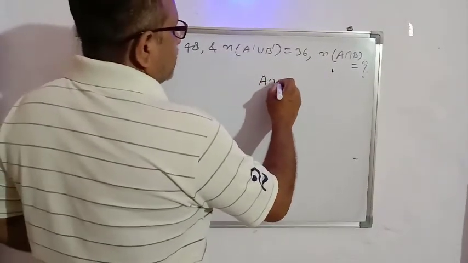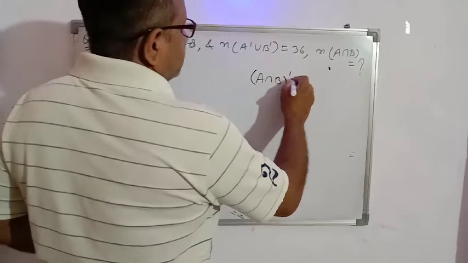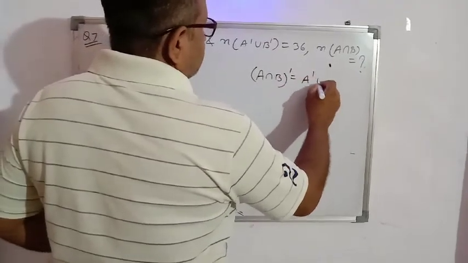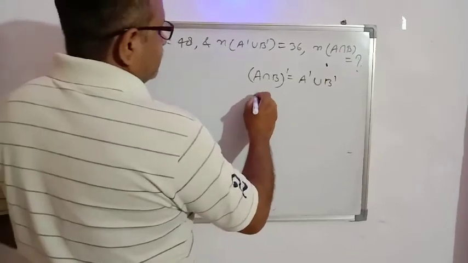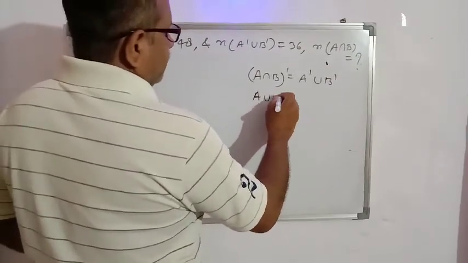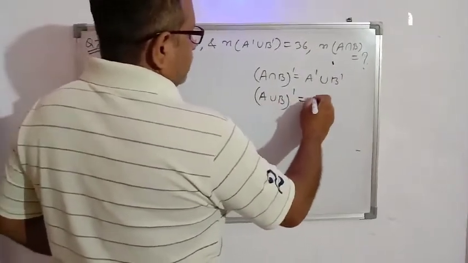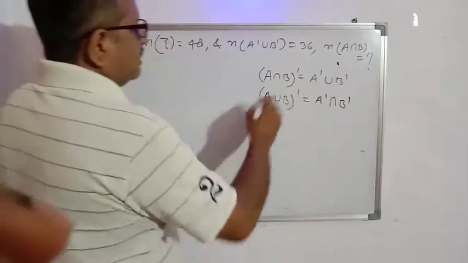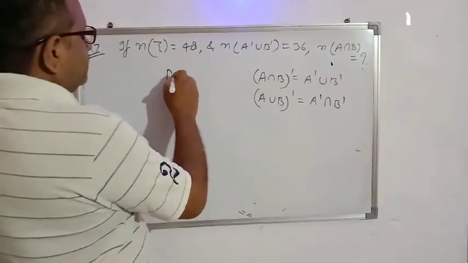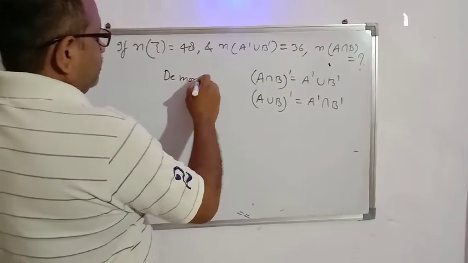(A intersection B) complement is A dash union B dash, and (A union B) complement we write as A dash intersection B dash. This law is known as De Morgan's law.